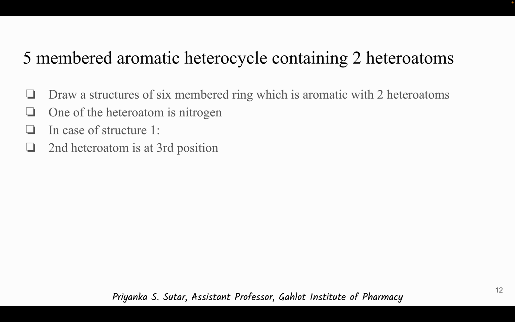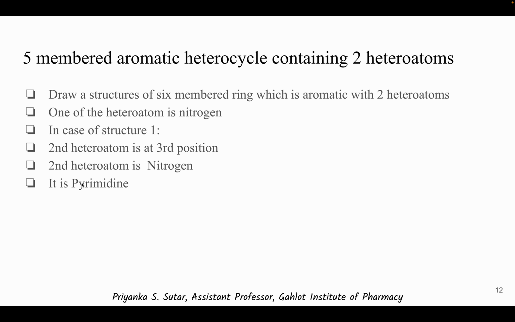So the first heteroatom is nitrogen and the second heteroatom is at the third position, and the second heteroatom is again nitrogen. Okay, so what is it? It is a pyrimidine. Pyrimidine is a 6-membered ring with 2 heteroatoms, and this structure is aromatic.